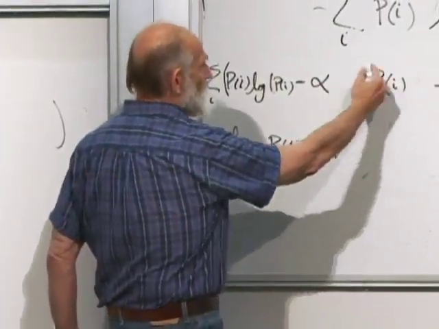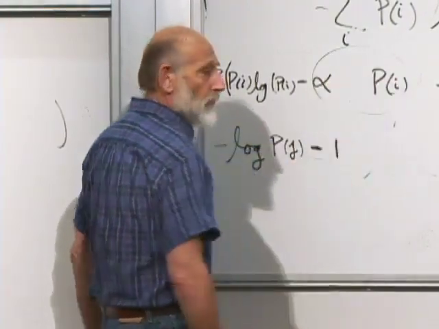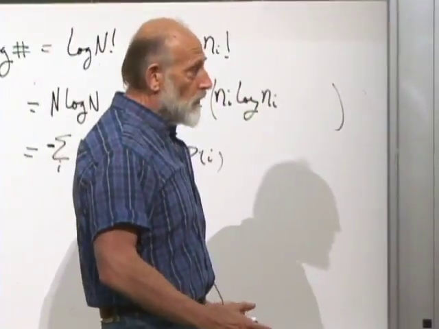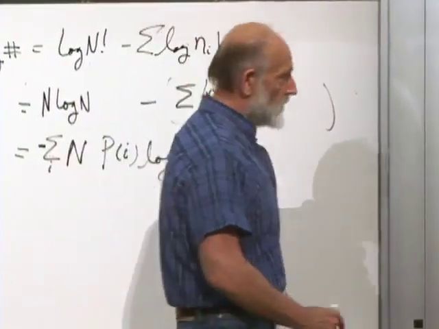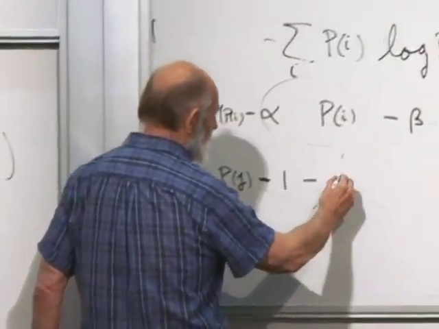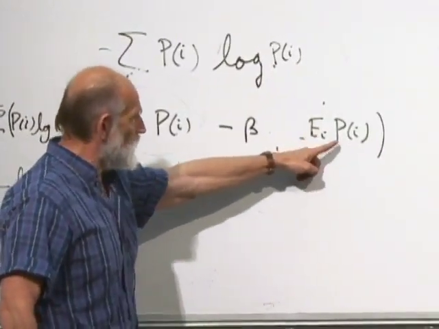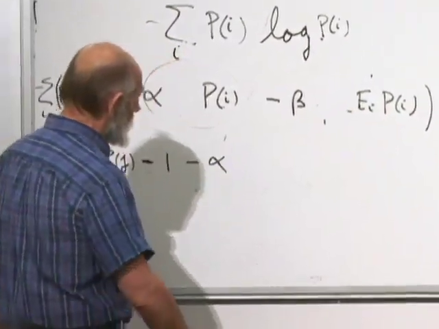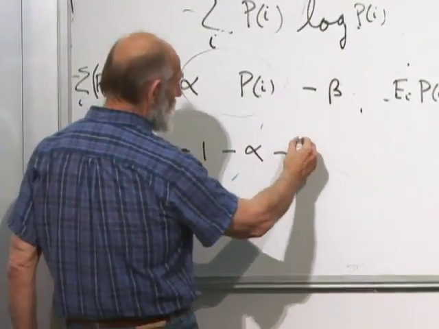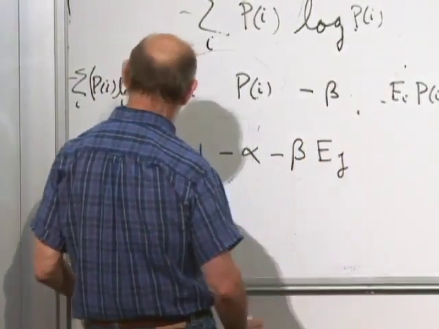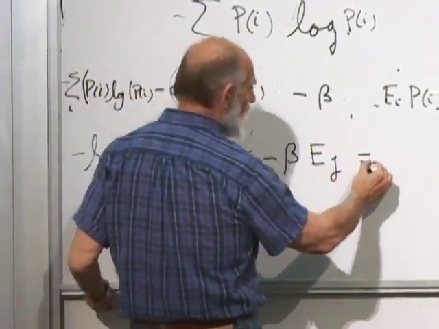Now, what happens when we differentiate this term with respect to pj? We just get minus alpha. And what happens when we differentiate this term with respect to pj? We get minus beta times ej. And that all we set equal to 0.